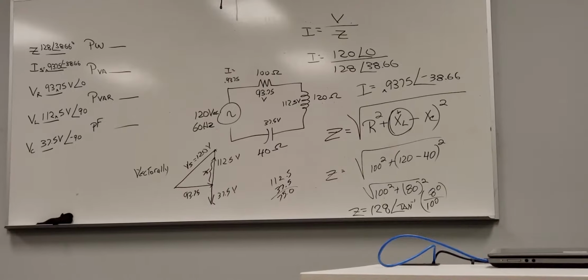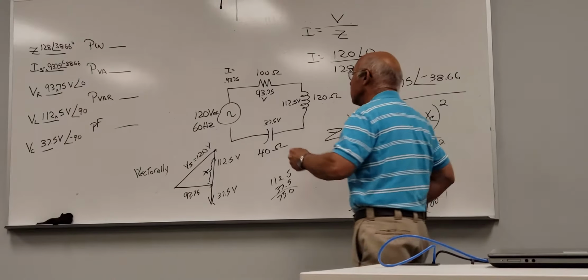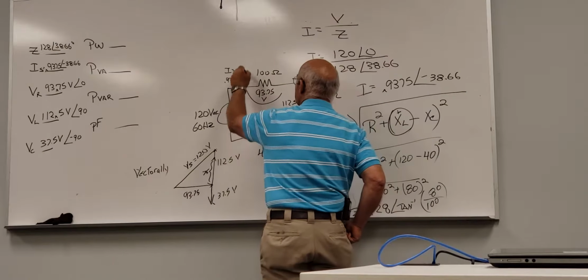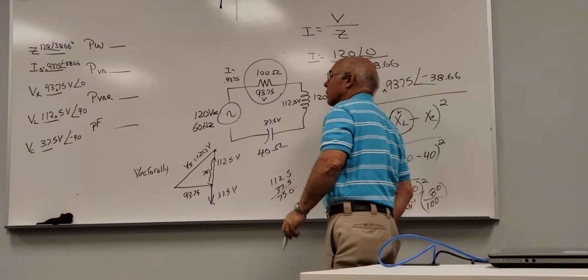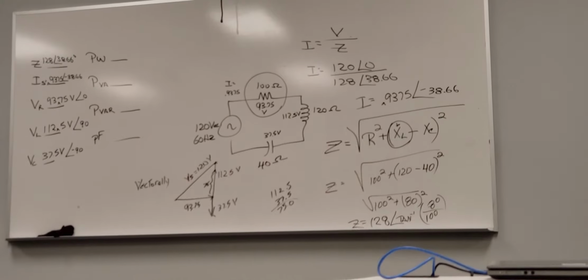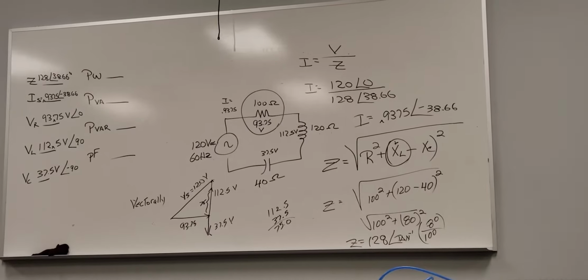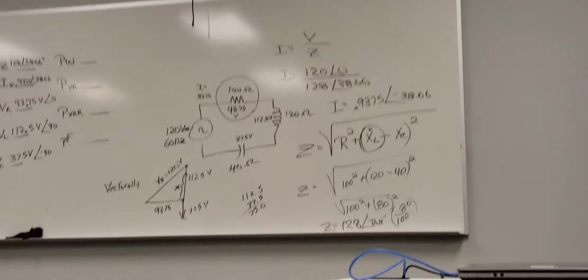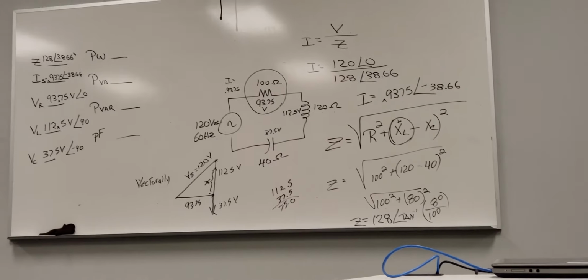Now, power and watts. There's only one component that dissipates power. Only one, in that particular circuit. That's the resistor. So that's where we get power in watts from.